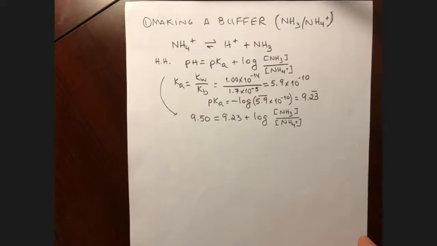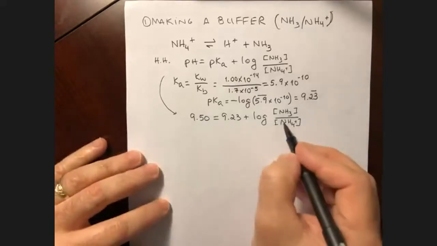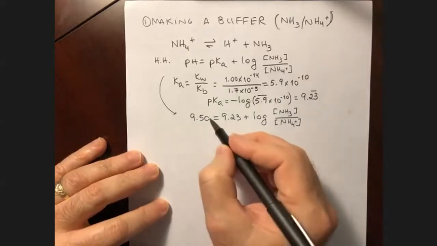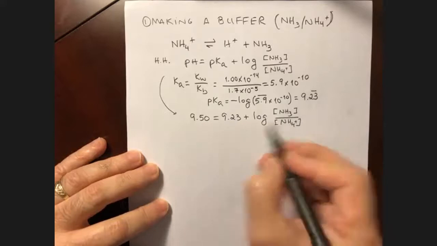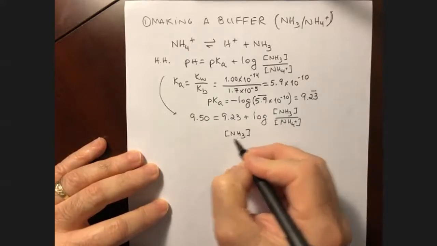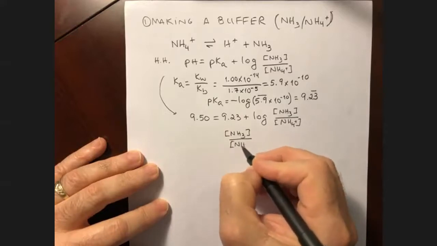So I'm going to skip a couple steps here. This means that I had to subtract this over here, and then I had to take 10 to that number to get the ratio. So what I'm trying to find here is, what is the ratio that I need of ammonia to ammonium ions?